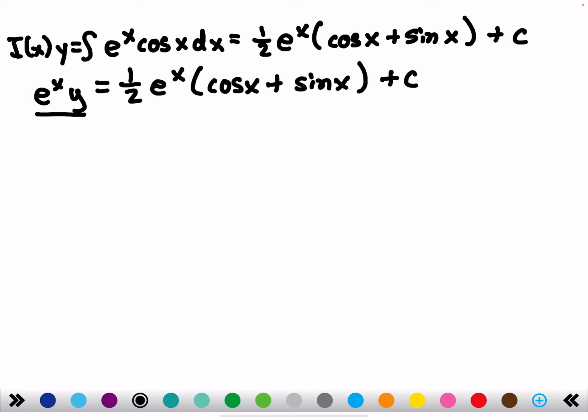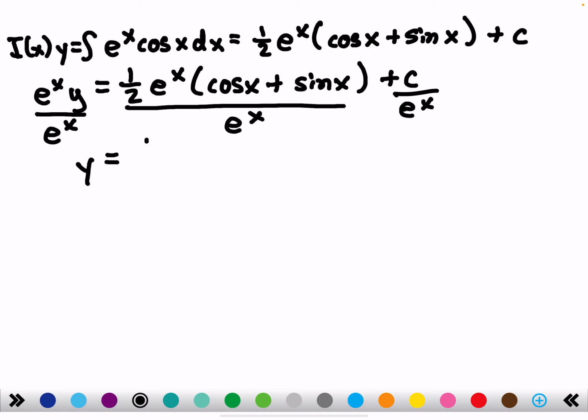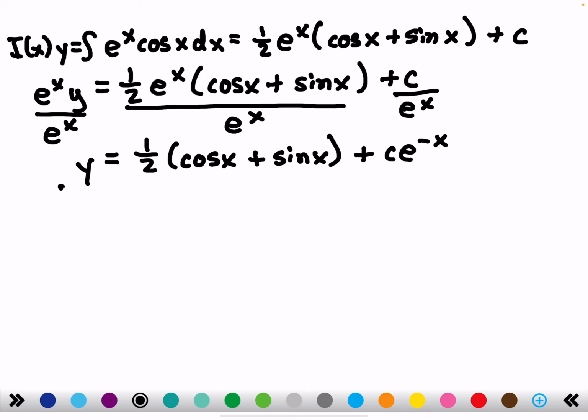Now we'll divide all terms by e to the x. So it gives us y equals 1/2 times the quantity cosine x plus sine x plus c e to the negative x. And this is the general solution.